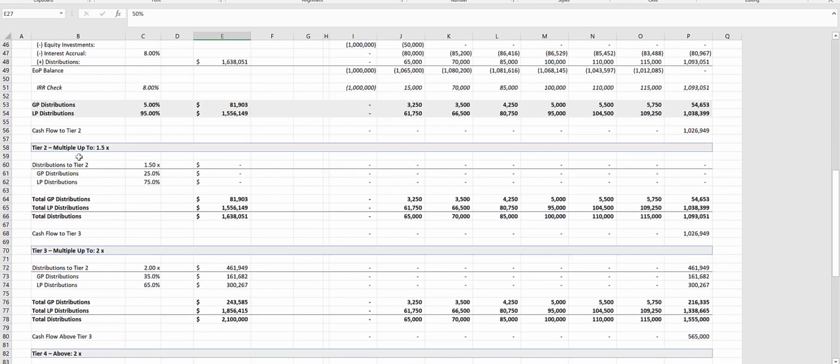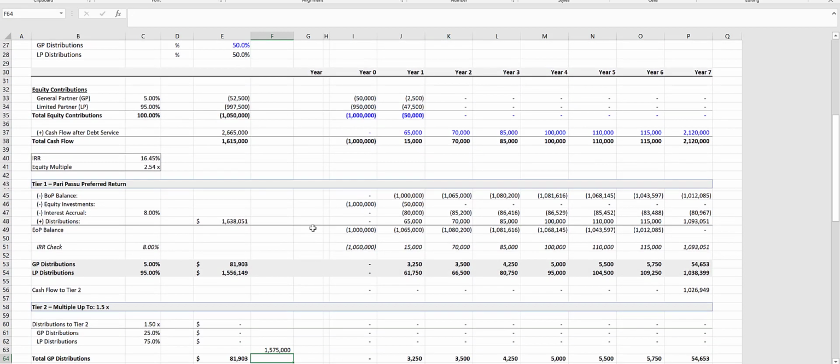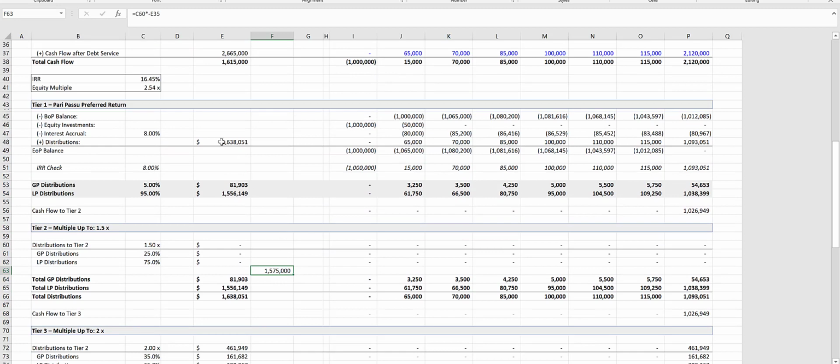And we'll see in tier 2 there are no distributions, right? Because 1.5 times 1,050,000 is 1,575, but 1,638's already been distributed.